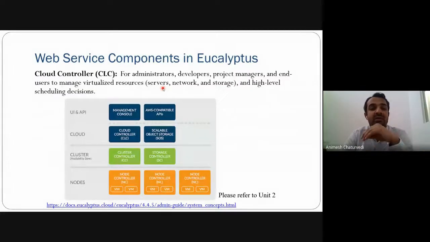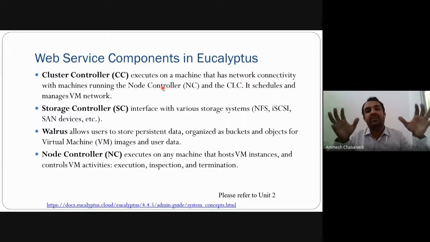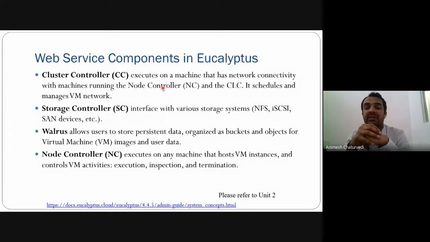So the cluster controller is in between the node controller and the cloud controller. The node is the fundamental machine, and the cloud controller is a larger level of abstraction of the whole cloud.